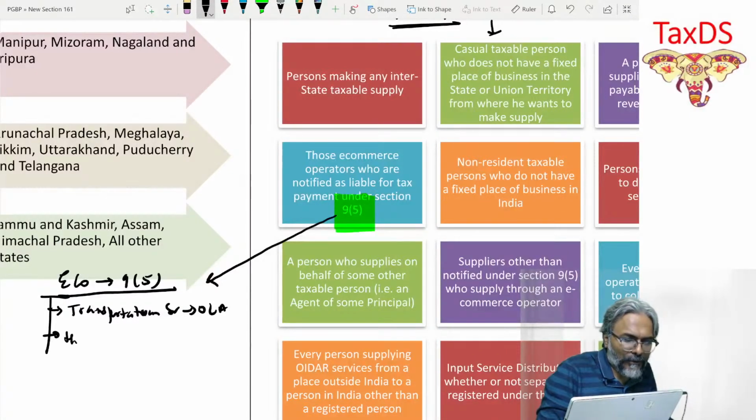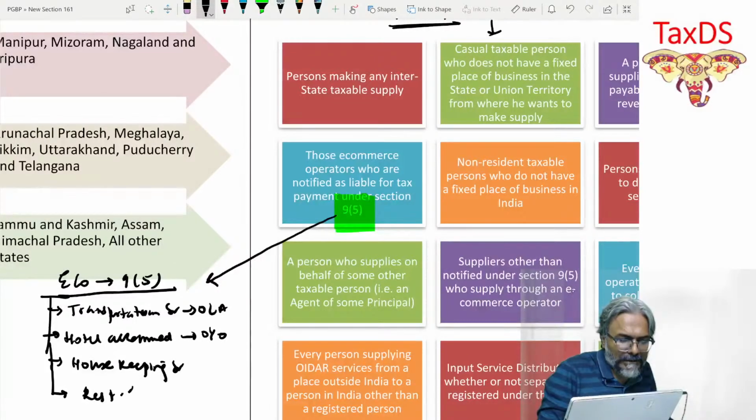Then hotel accommodation, Oyo. Then the housekeeping service, Urban Clap, the example I gave you. And the last one, students, is the restaurant service. So these are the categories, students, which are there in 9.5.